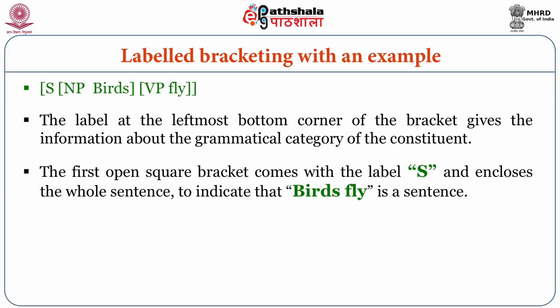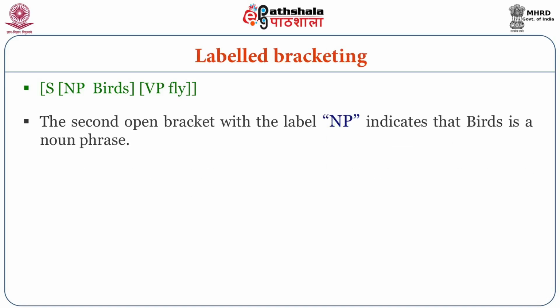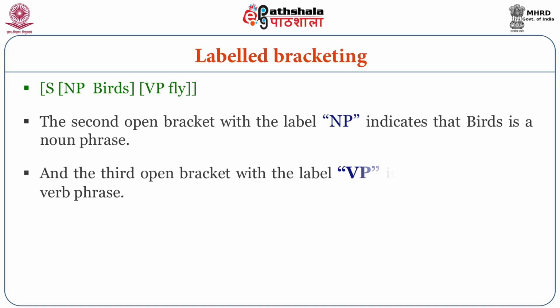The first open square bracket comes with the label S and encloses the whole sentence to indicate that birds fly is a sentence. This S indicates the sentence. Now, the second open bracket with the label NP indicates that birds is a noun phrase, and the third open bracket with the label VP indicates that fly is a verb phrase.